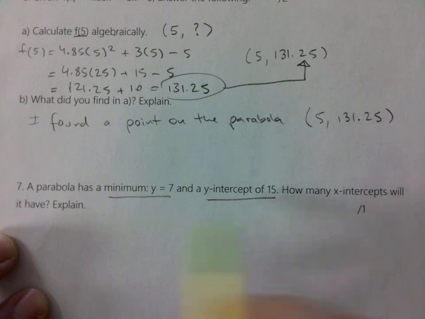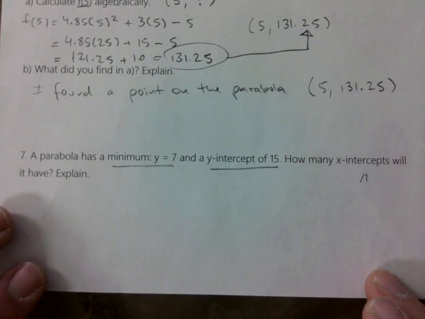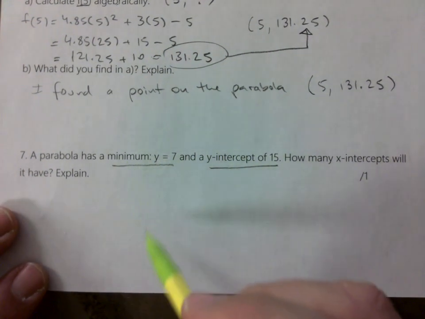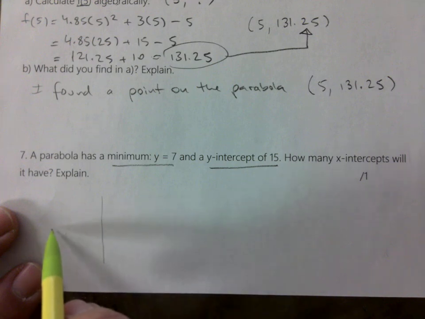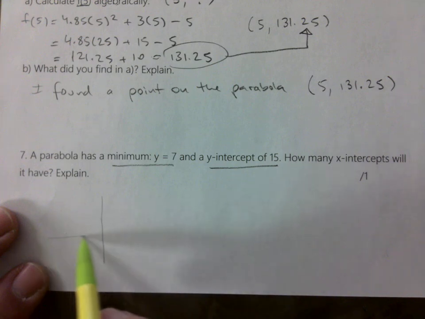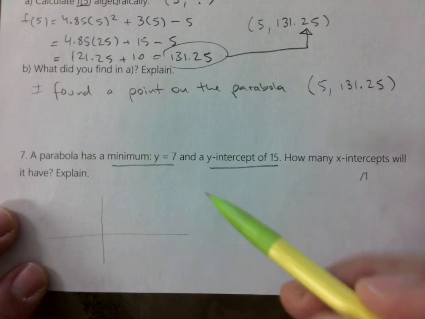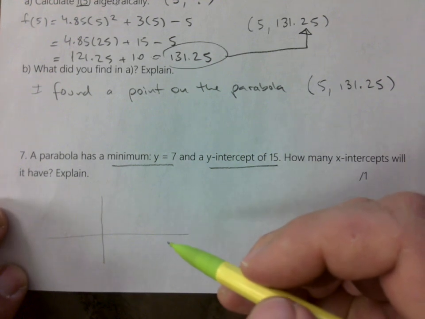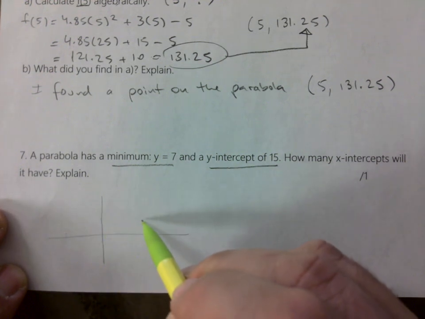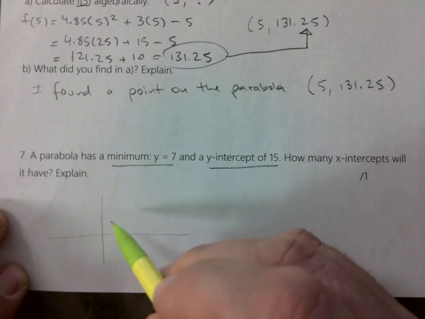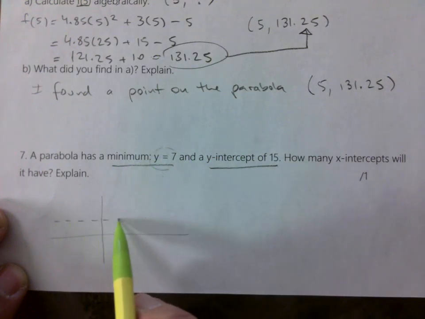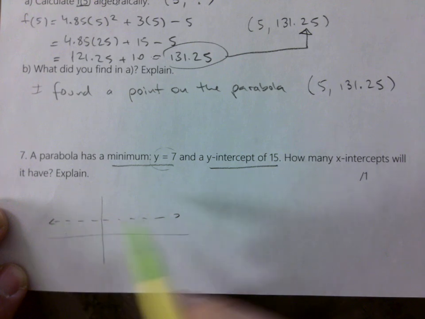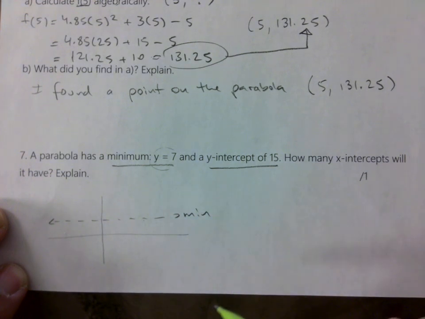How many x-intercepts will it have? Explain. It has a minimum of 7, so let's picture this. We don't know if it's here or here. What we do know is that the minimum is 7, so you can almost imagine this is your minimum. This is the lowest it will ever get.